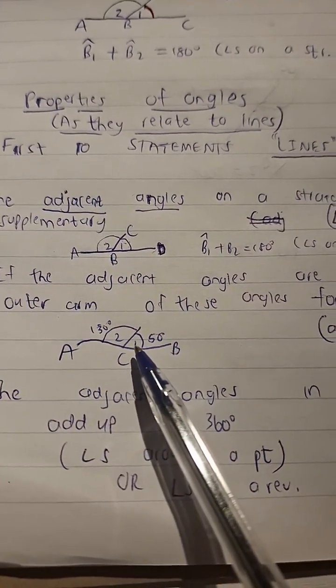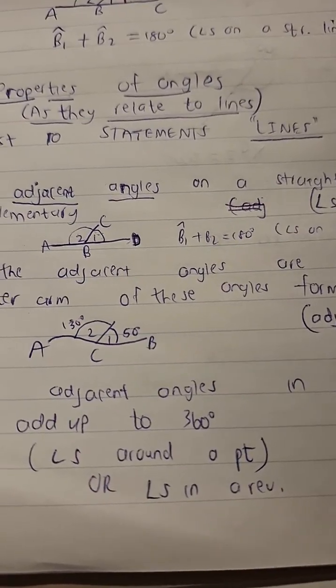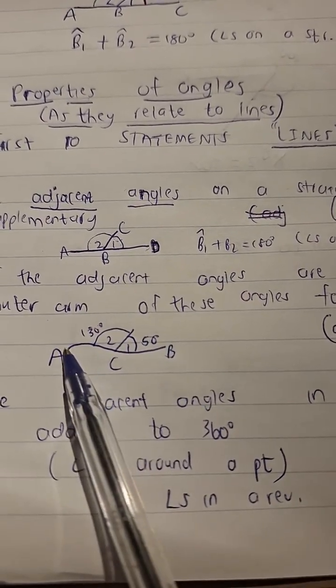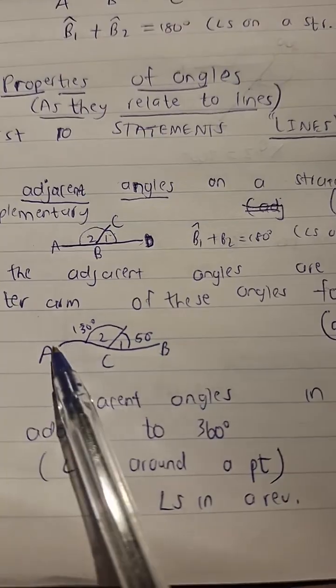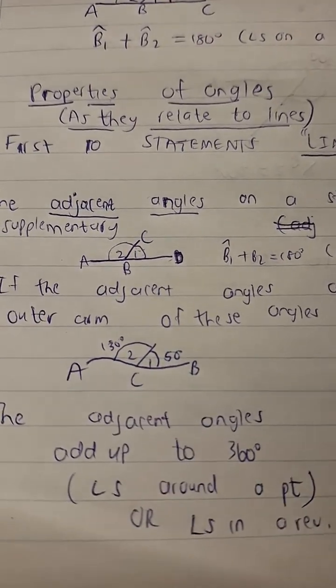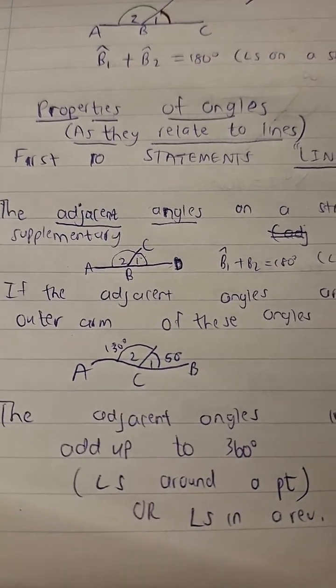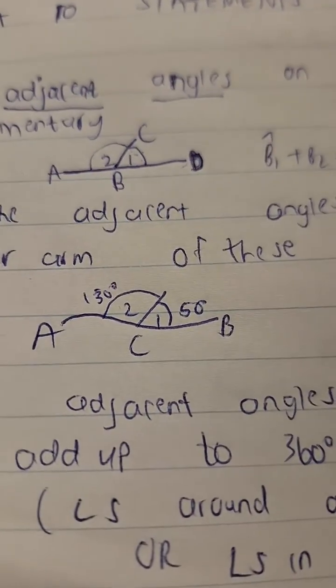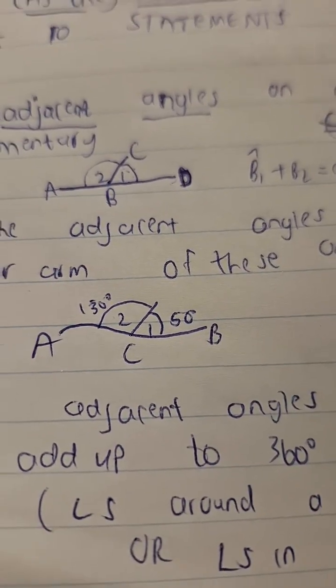So I'm asking this question to all of you, and I'm hoping you can answer me. ACB, is this a straight line? When you look at this at first glance, could we say this is straight? ACB.